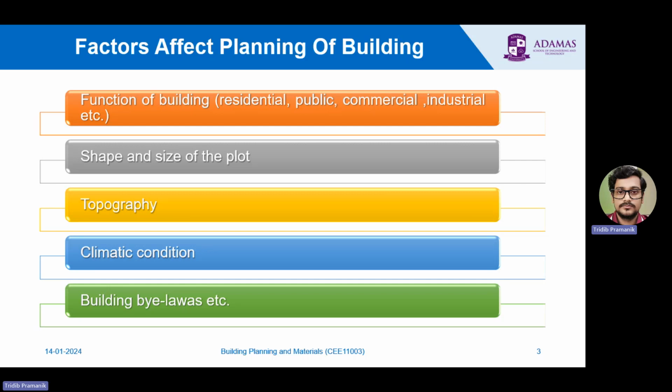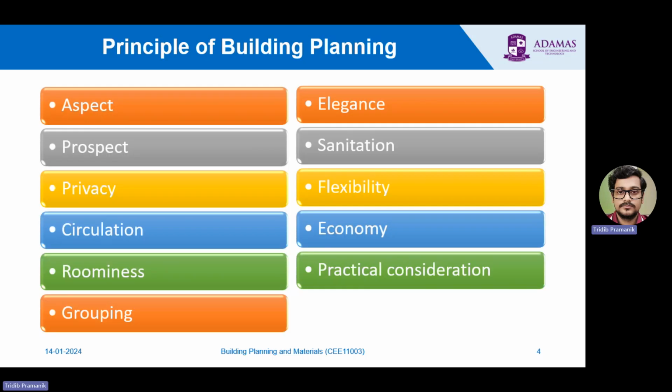We will discuss all those things in our fifth video lecture. And the effect of shape and size according to Vastu we will discuss in our next video lecture. But for this video lecture, planning and principles of planning we will discuss.